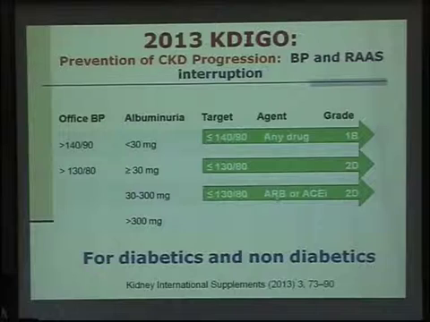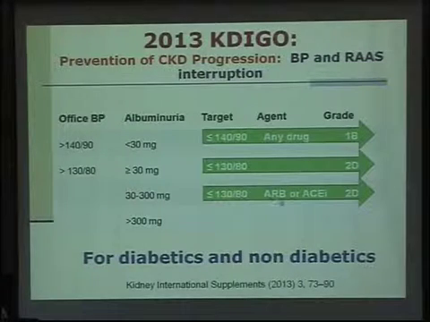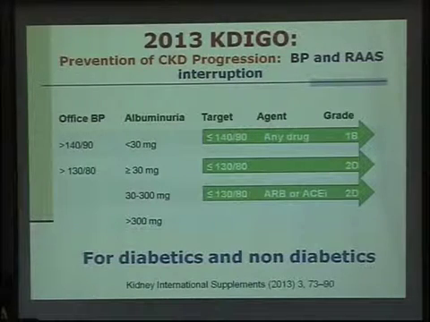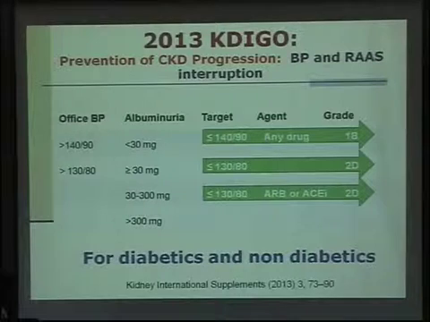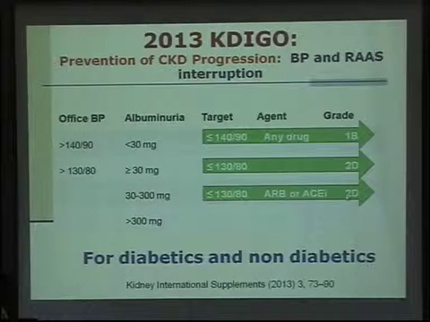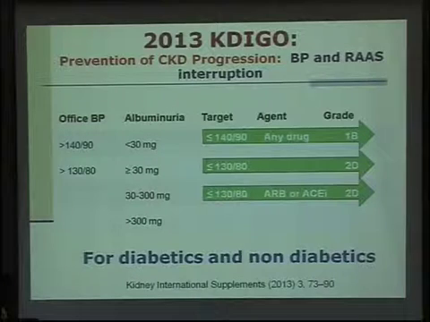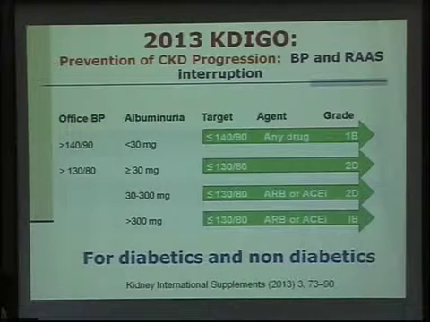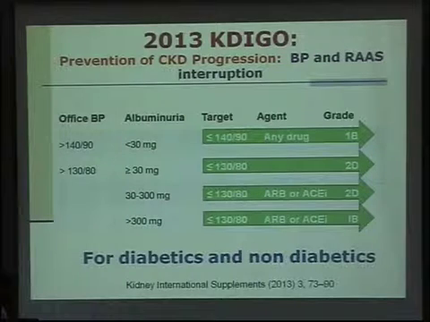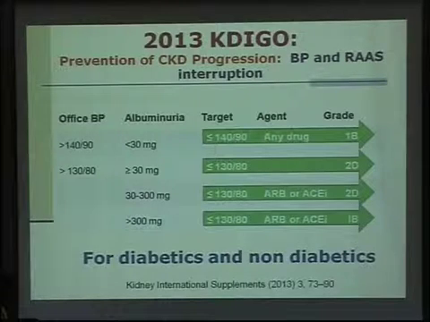And here you will have some suggestion to use either angiotensin converting enzyme inhibitors or an angiotensin receptor blocker. But the evidence, if you have a patient with A2, is weak. Suggestion based on very weak evidence of research. But if albuminuria is A3, this is good evidence to use these agents that block the renin-angiotensin system.